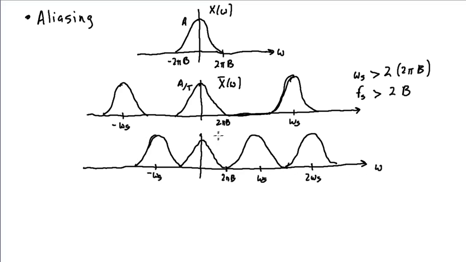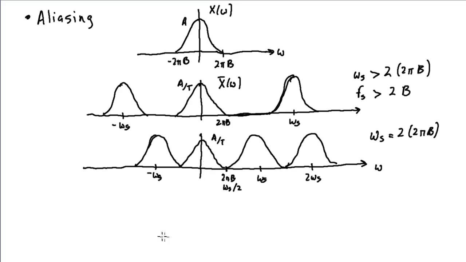And so in this picture, I've set my sampling frequency so it's just equal to 2 times 2 pi B, and so all of these replicas are just touching one another at this frequency of omega s over 2, since omega s is equal to twice 2 pi B. I can still recover the original x of t, again by low pass filtering. I'd low pass filter using a filter with a bandwidth of omega s over 2.